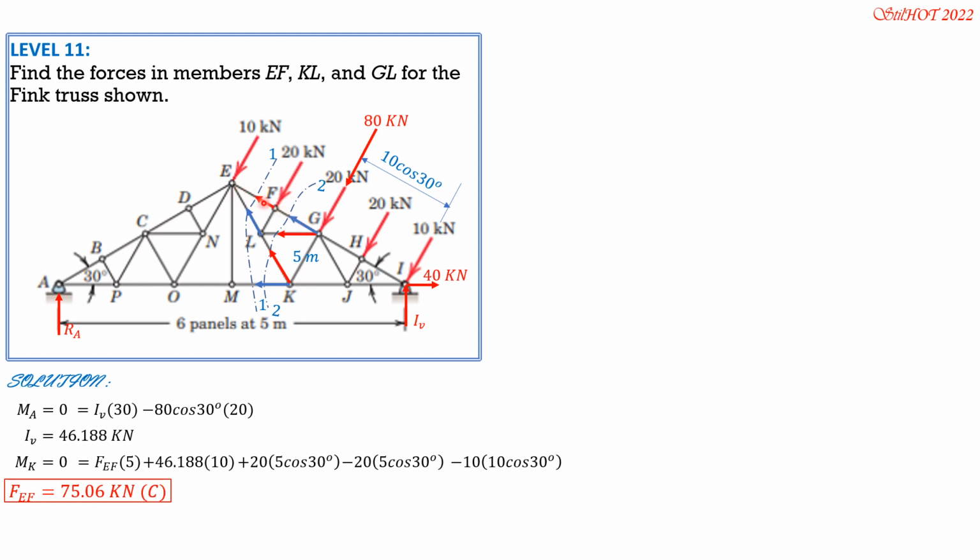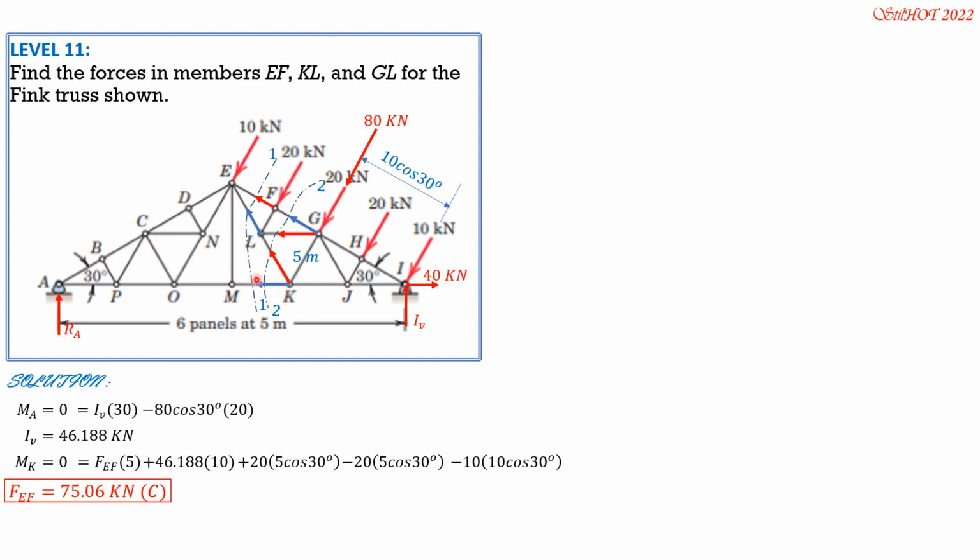FEF equals FFG if you sum up forces along this inclined axis here, so that these 20 kilonewtons and FL are not involved in the equation. So conclusion, FFG equals FEF. Therefore, FFG is equal to negative 75.06 kilonewtons also.